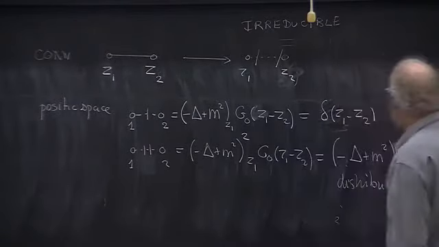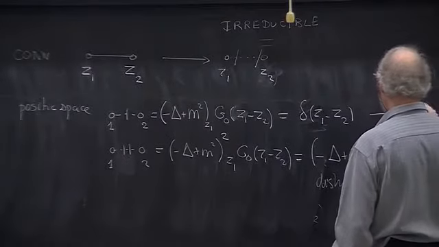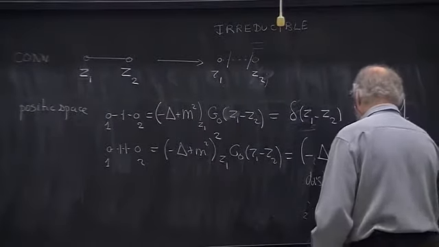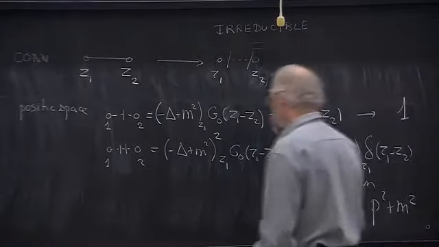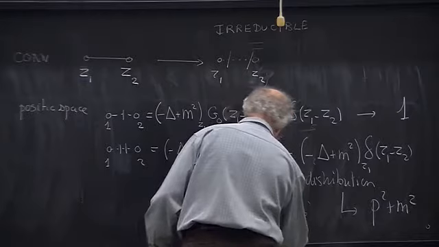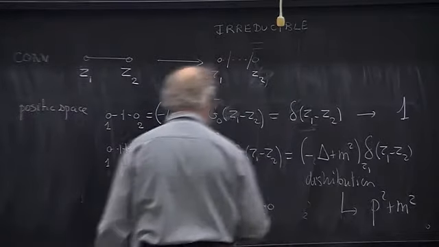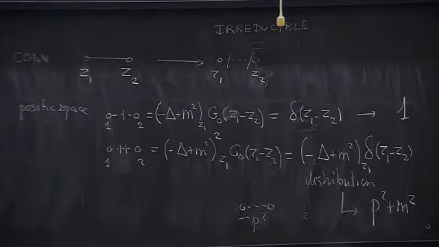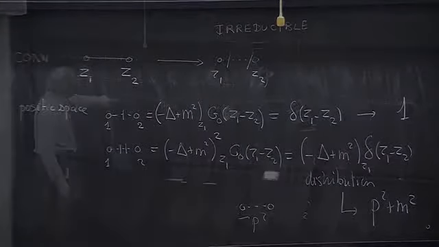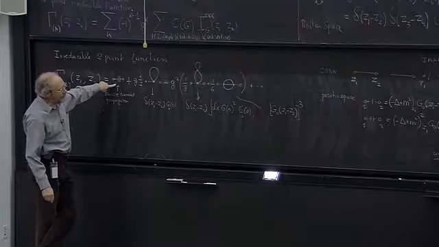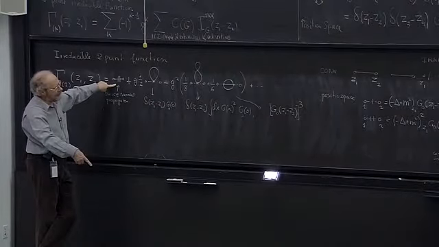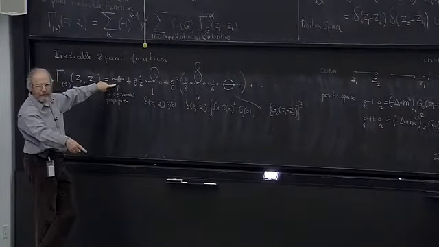In Fourier space, the Fourier transform of this is 1, while the Fourier transform of this is p squared plus m squared, where p is the momentum carried by the propagator. So the first term is the distribution minus Laplacian plus m squared applied to the delta distribution.